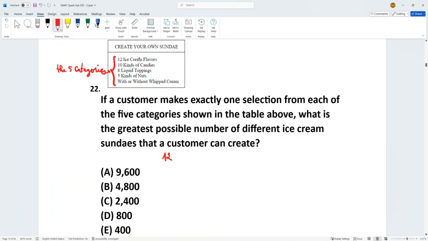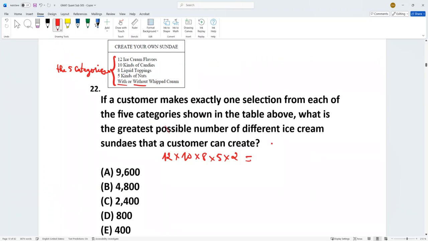The second category is 10, so we'll multiply by 10. The next is 8, then 5. And then here we have with or without. With can be a selection, and without can also be a selection. That's why we will have 2 here.